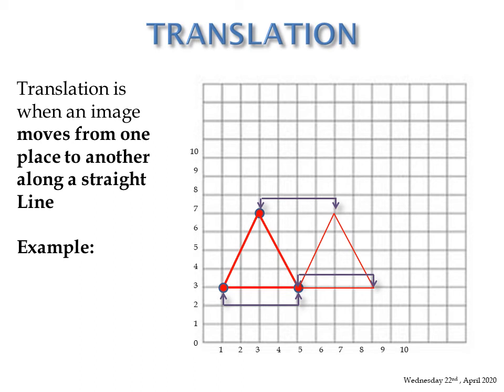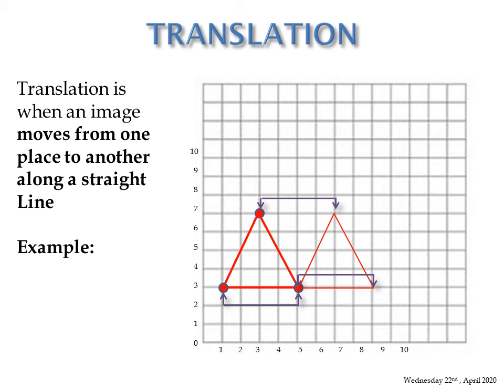Now, I'll tell you a little secret about translation. The moment you are able to get the first one right, the first point of your shape, the moment you're able to get the movement of the first point correctly, you will not make a mistake on the others, because if you know by how many points or how many boxes the first point moved, then it will be the same on all the other points of the shape.